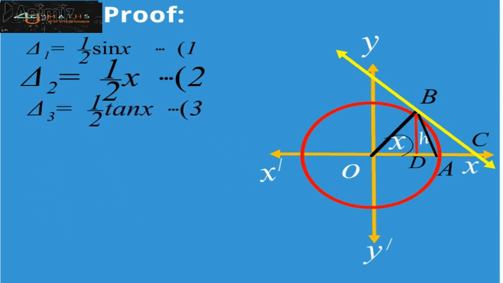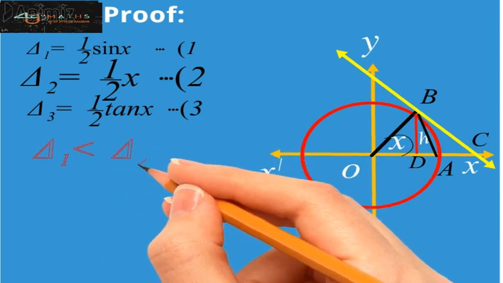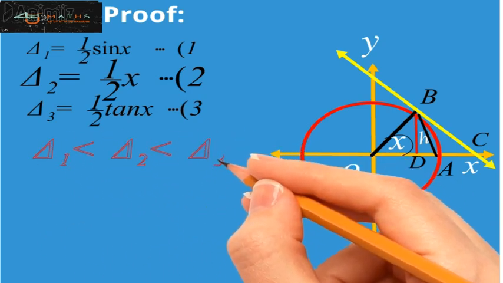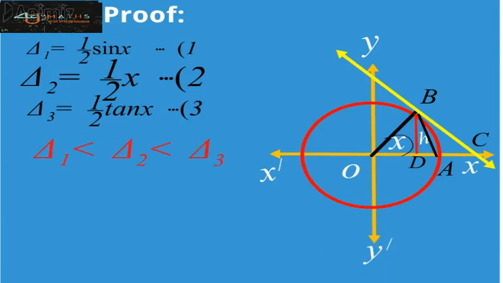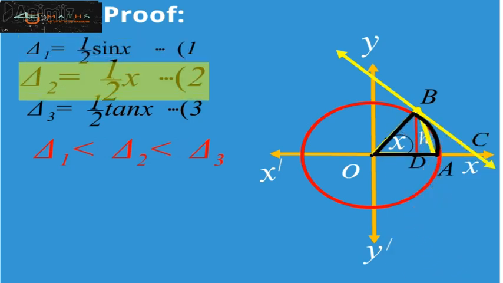Now it is quite clear from the figure that delta 1 is smaller than delta 2 and delta 2 is smaller than delta 3. That is, the area of the triangle BOA is smaller than the area of the sector BOA.